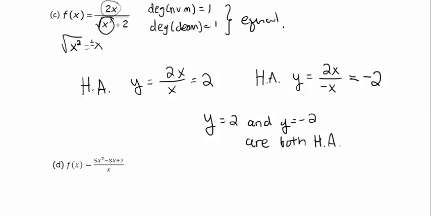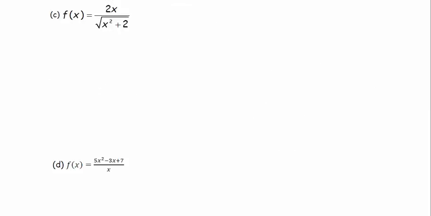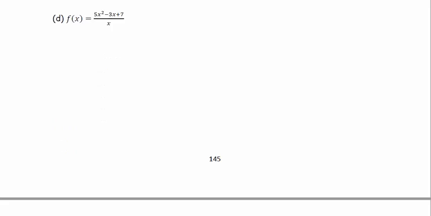Alright, so let's try example D. The degree of the numerator here is going to be 2, and the degree of the denominator is going to be 1.